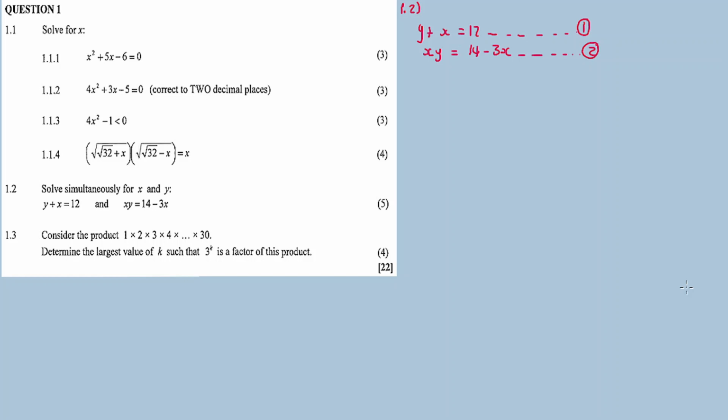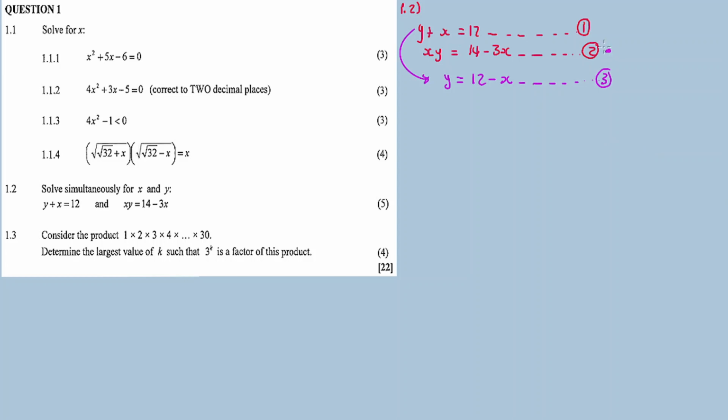Now to solve a simultaneous equation, you need an equation 3 where one variable is represented in terms of another variable. I'm going to take equation 1 and make y the subject of the formula, or even x the subject of the formula, right? So that I will be able to substitute into equation 2.